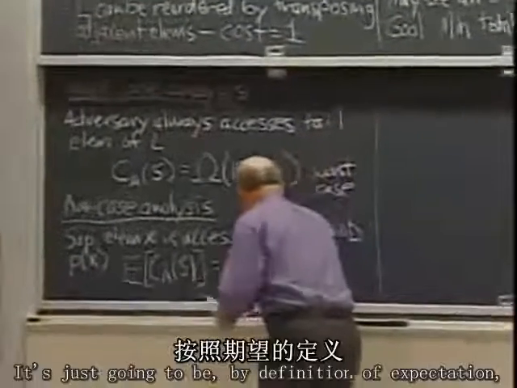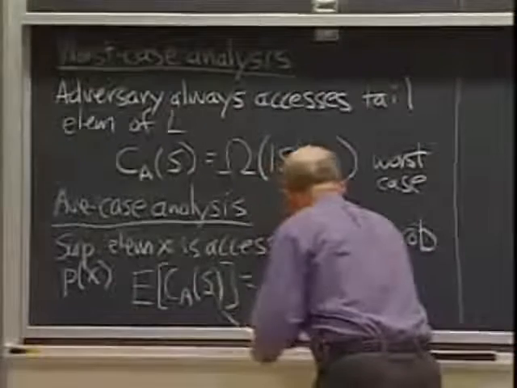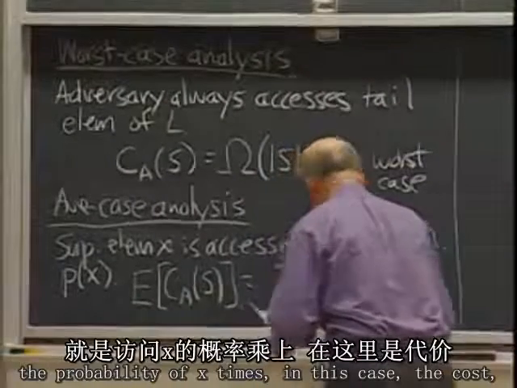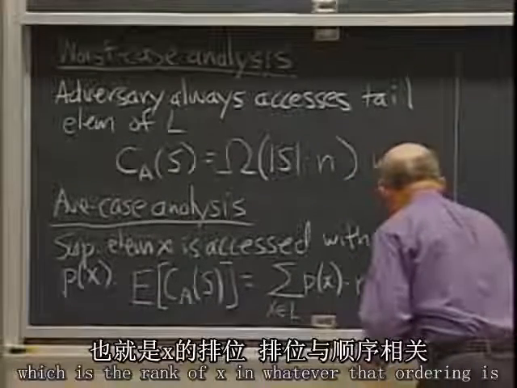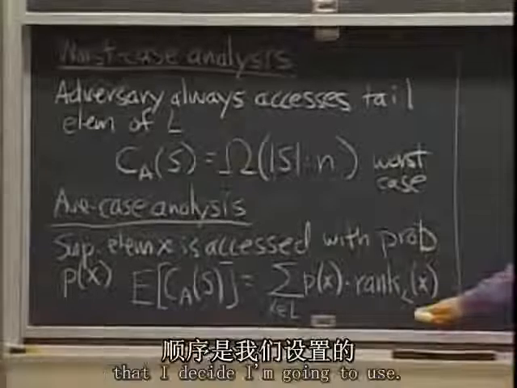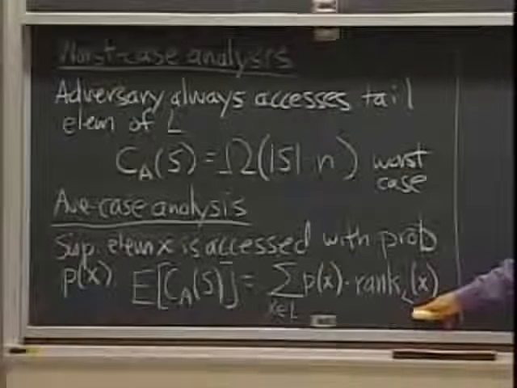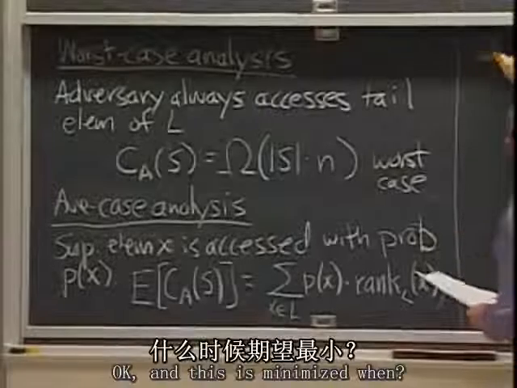It's just going to be, by definition of expectation, the probability of X times, in this case, the cost, which is the rank of X in whatever ordering I decide I'm going to use. And this is minimized when?